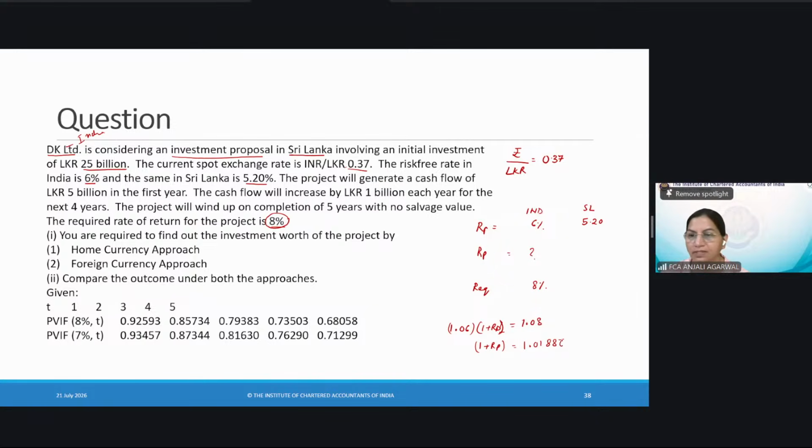When I apply this 1.01887 here, I am able to find this as 1.0520 multiplied by 1.01887.